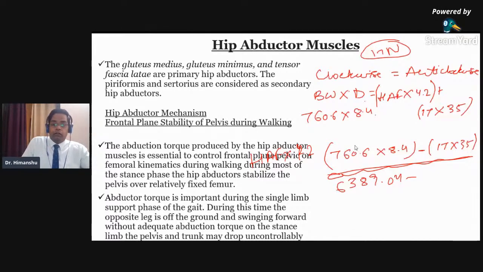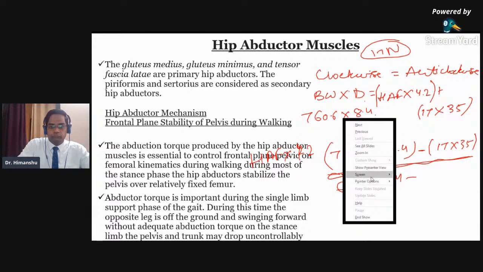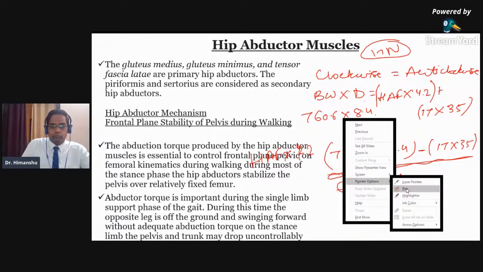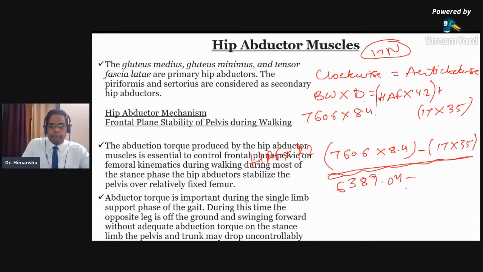All right. So I'll start writing from here. So if I have to calculate the compressive forces or the joint reaction forces within the joint here, what I'll have to do is equalize the upwardly directed forces to the downwardly directed forces.